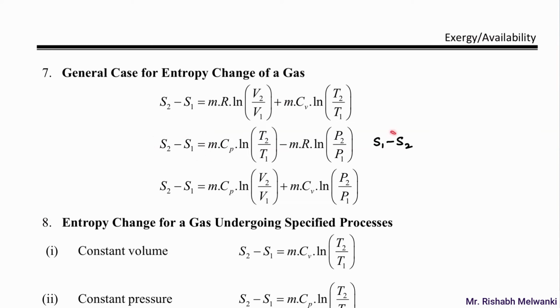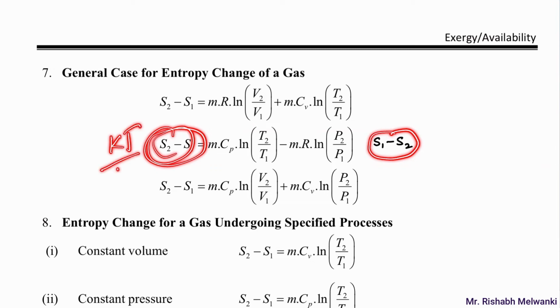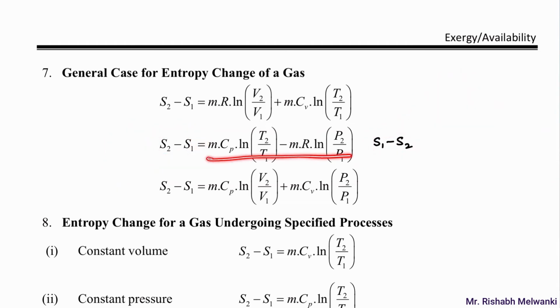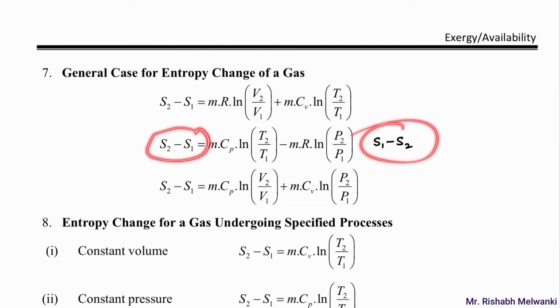The unit of entropy here is kilojoule per Kelvin, but we require specific entropy, kilojoule per kg Kelvin. So we will divide this equation by mass throughout. Plus one more thing to observe: here it is written S2 minus S1, but I require S1 minus S2.